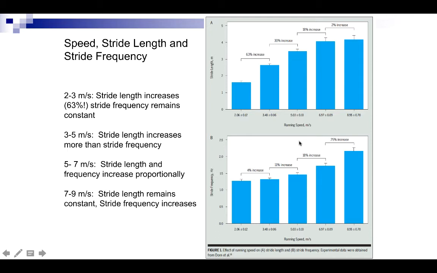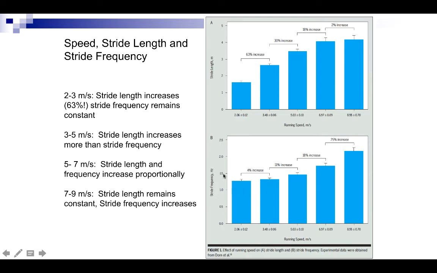It's very interesting that if we look at just stride length, or pushing harder, as we increase from a slower to a moderate speed, the strategy is all about increasing stride length. We have 30% increases in stride length. But as we get to faster speeds, as illustrated by the top speed here, there's less flexibility in stride length, so that's not our strategy.